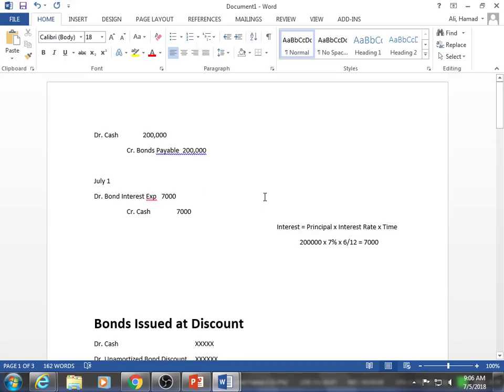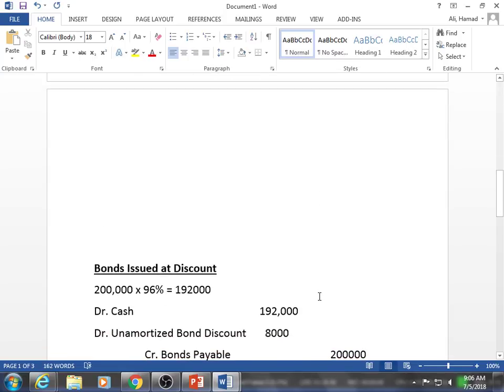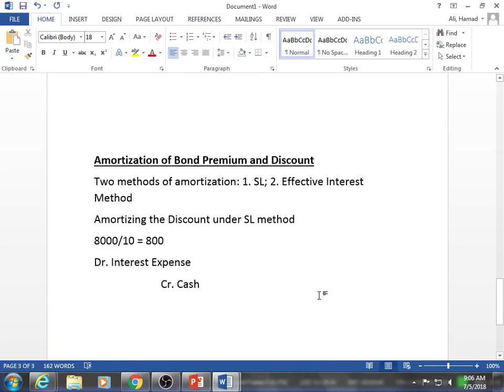Go back to the original example. It was 7%. So it was 200,000 times 7% times 6 over 12, which is equal to 7,000. So the cash is going to be credited for 7,000.